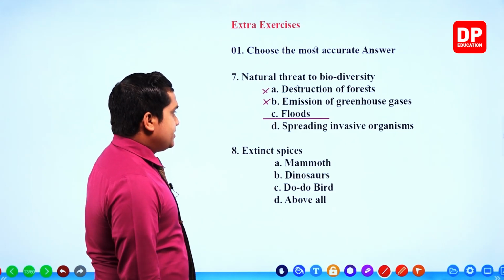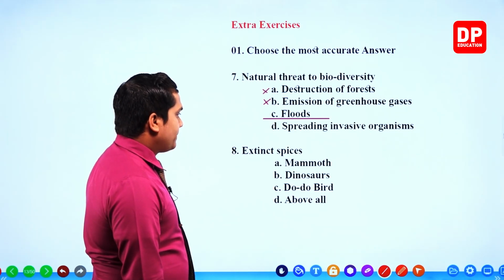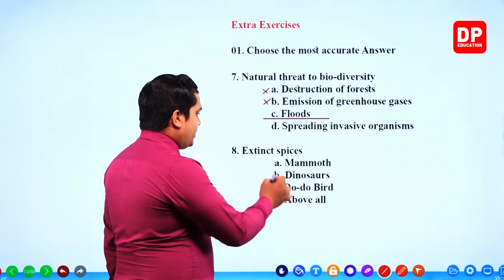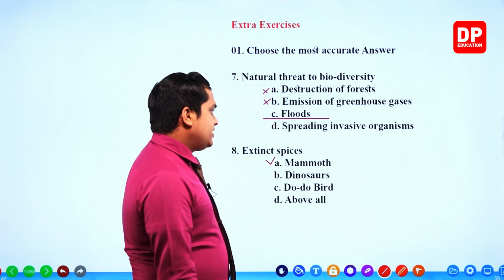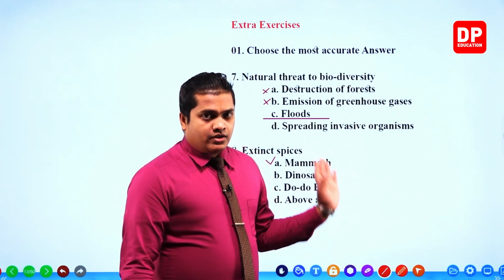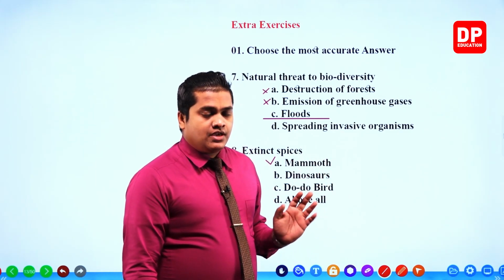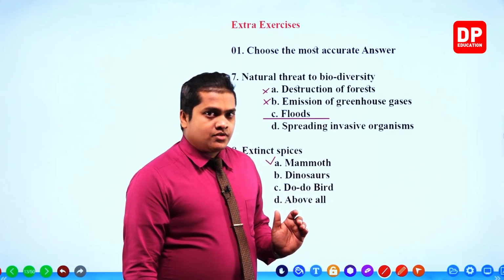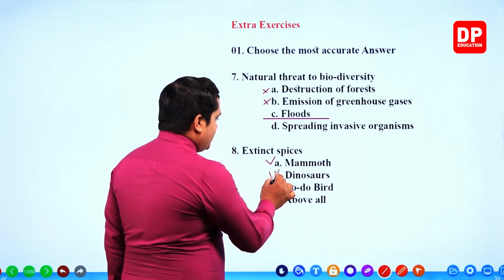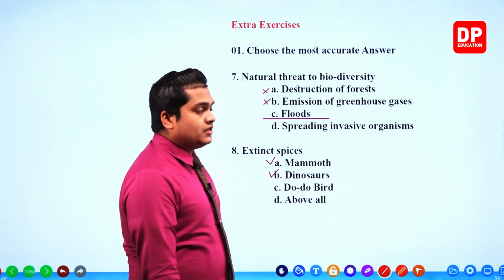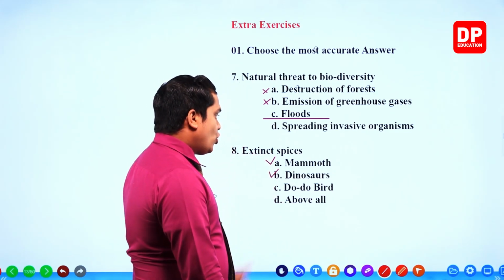Extinct species. Extinct one, mammoth, correct, right? We discussed that mammoths went extinct a long time ago, mainly because of climatic changes. So it is correct. Next one, dinosaurs. Once again correct, right? Dinosaurs went extinct because of a meteor collision. Dodo bird.